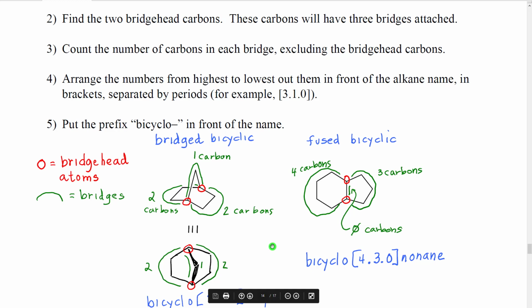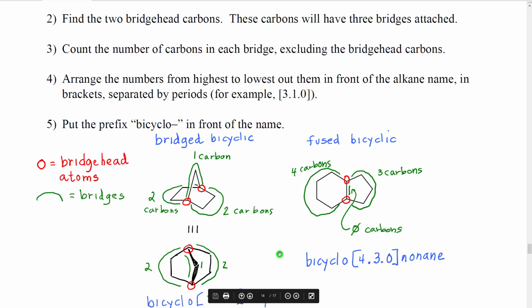If we look then, this carbon would be in the left 5-membered ring and in the bottom ring, but not in the right-hand 5-membered ring. So this carbon here cannot be a bridgehead. In contrast, this carbon here is in the left 5-membered ring, in the right-hand 5-membered ring, and in the bottom ring. So that carbon would be a bridgehead. This carbon would also be a bridgehead. So I've circled those.